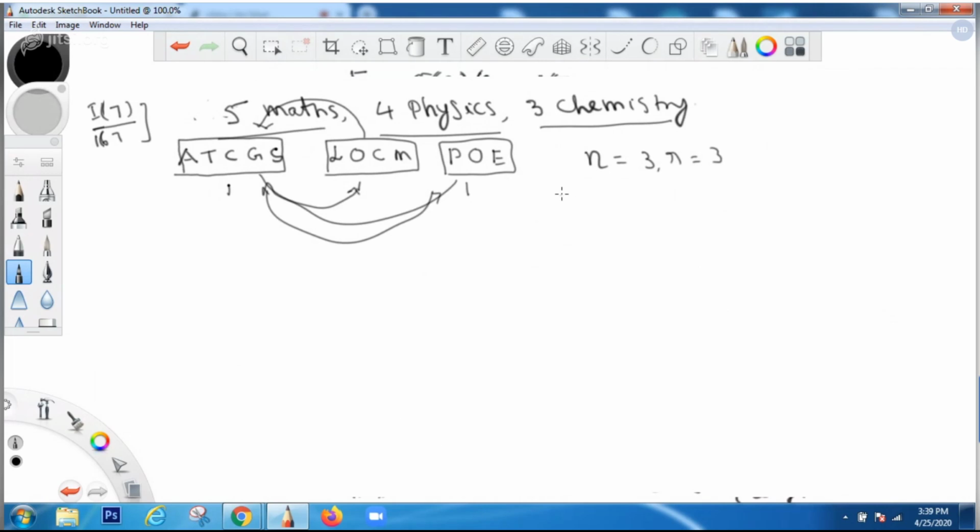Number of arrangements is nPr, that is 3P3, which is equal to 3 into 2 into 1, that is 6.